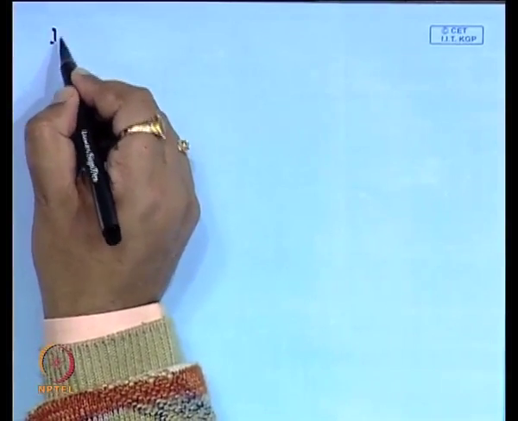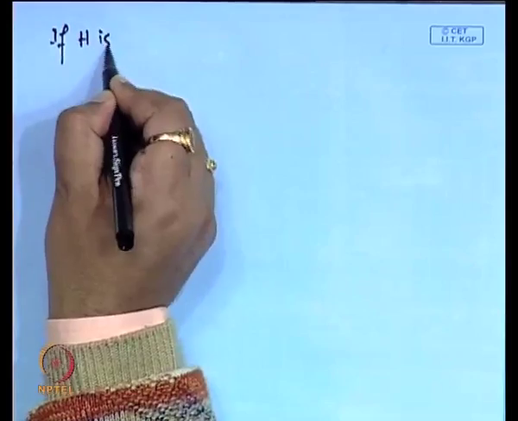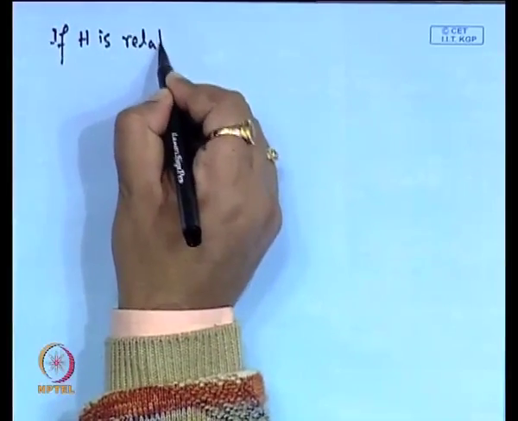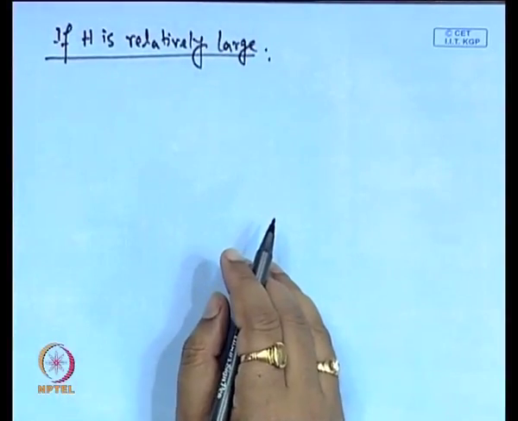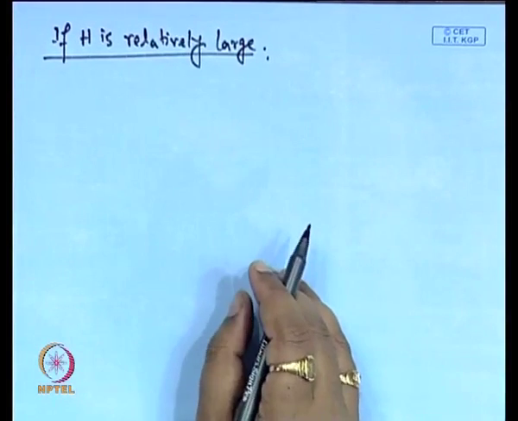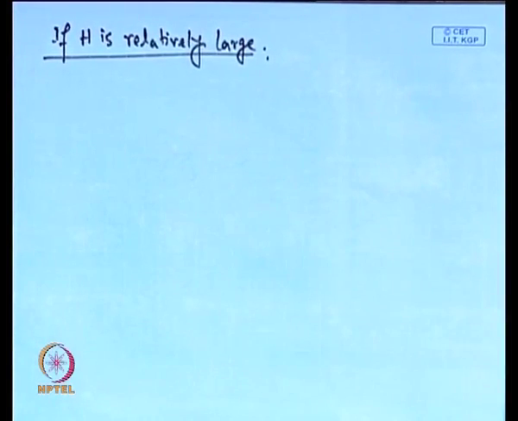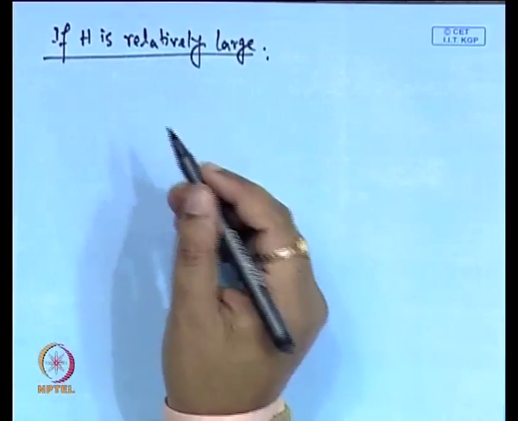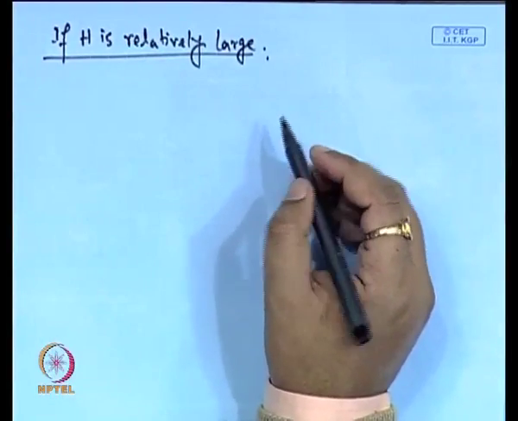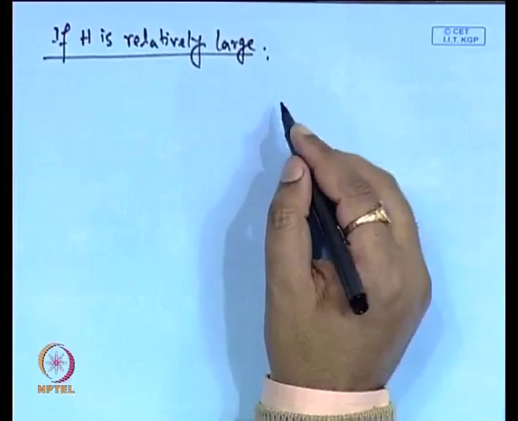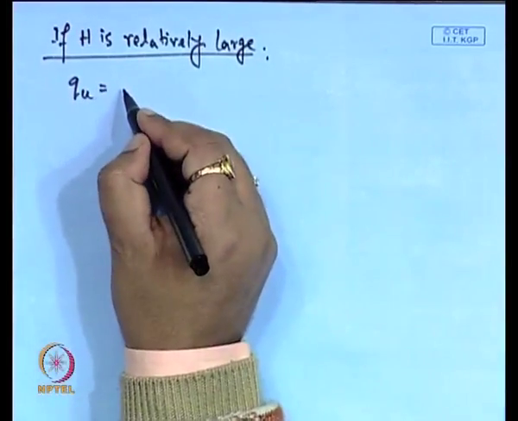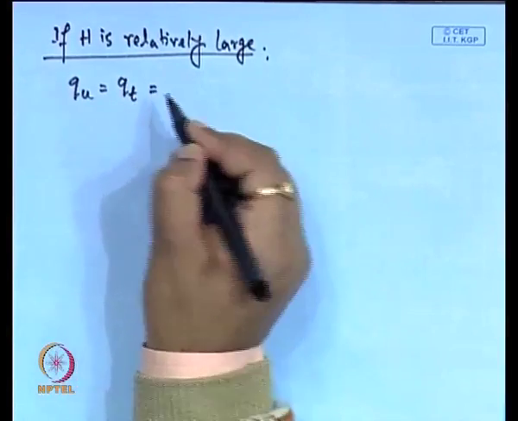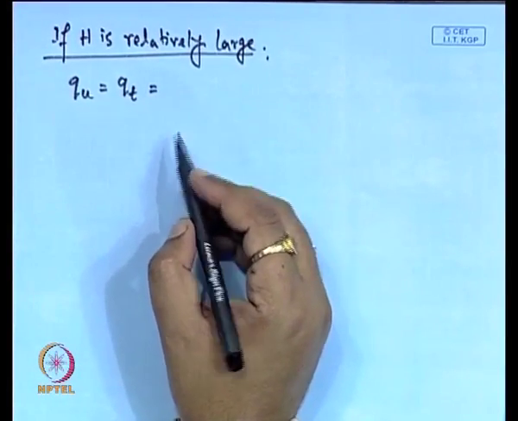Now, if H is relatively large, as I have mentioned, then all the failure surface will be in the first layer itself. So, that means our Qu is equal to Qt, where Qt is the bearing capacity of the top layer.